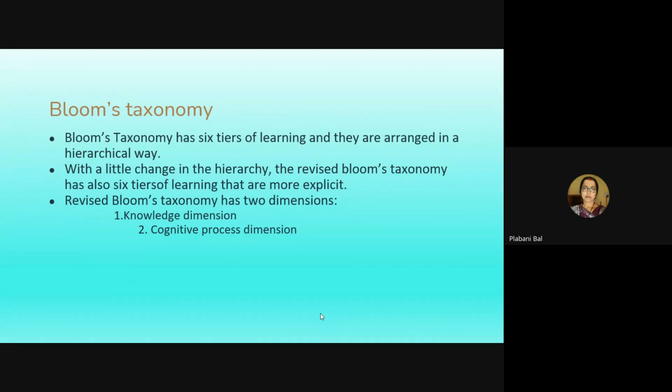The revised taxonomy, done by Anderson and Krathwohl, who were students of B.S. Bloom and actually worked with him, has two dimensions: one is the knowledge dimension, another is the cognitive process dimension.